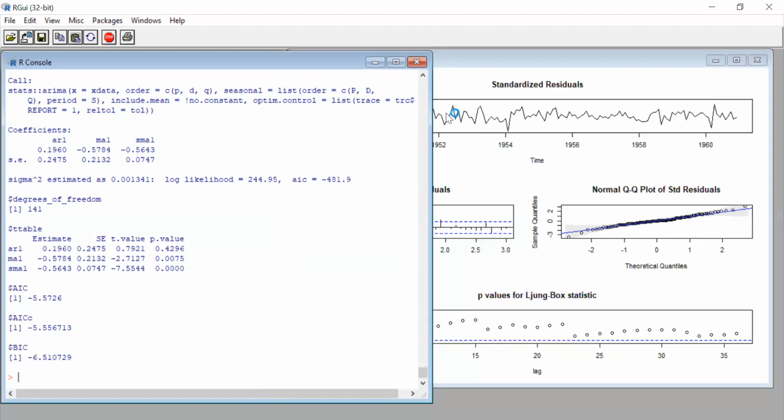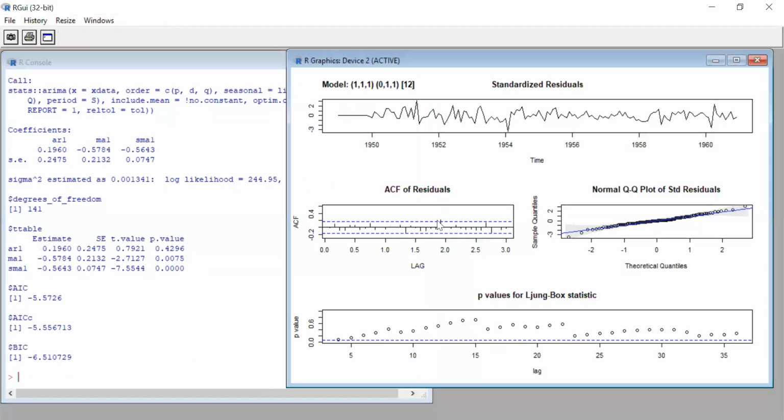Okay, just a second. I'm sorry. Now the diagnostics picture is not so bad, but my concern is about this one. This one at this time is a little bit higher, right? But for the p-values, before, the later ones were almost 0, but now it's a little bit better.